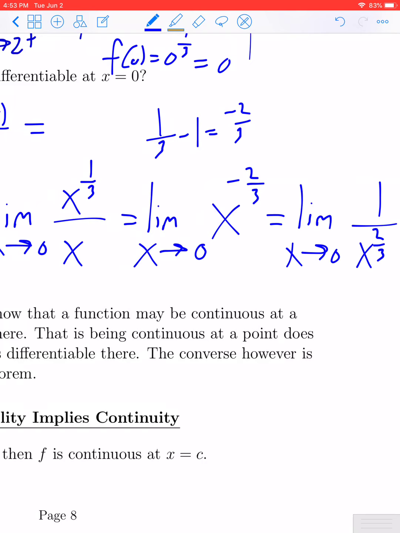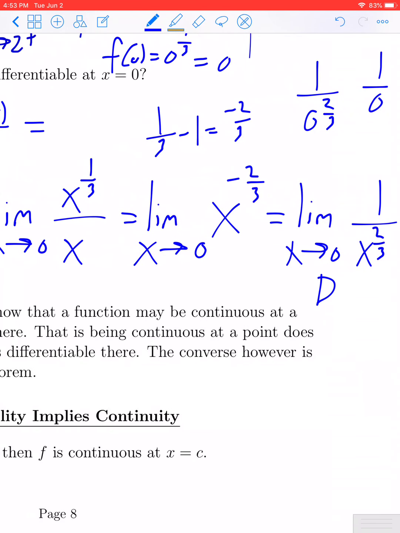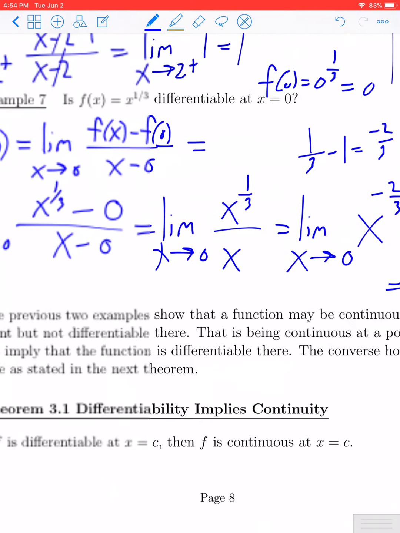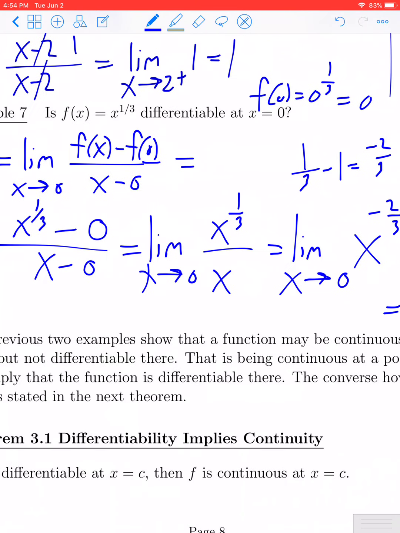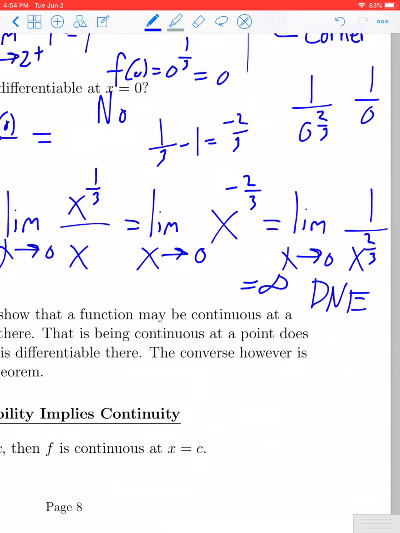If we try to plug 0 in, you're going to get 1 divided by 0 to the 2/3, which is going to be 1 over 0, an infinite limit. So this limit does not exist. It's actually approaching positive infinity. So what that tells us is that f of x equals x to the 1/3 is not differentiable at 0. So the conclusion is no, it's not differentiable at 0.